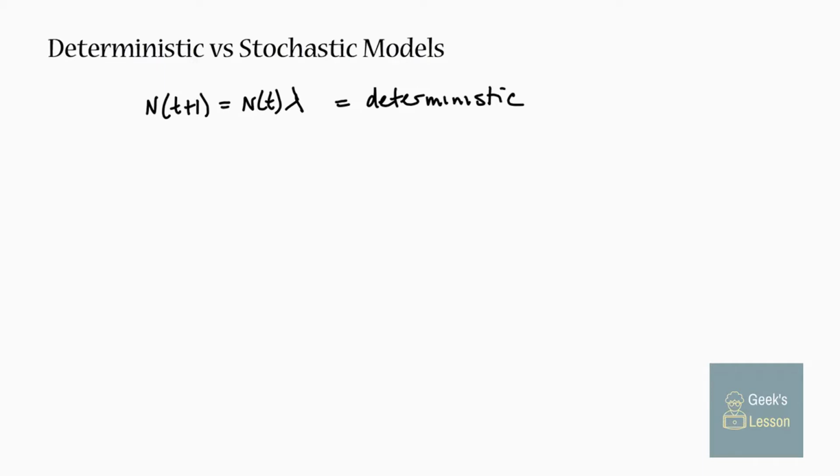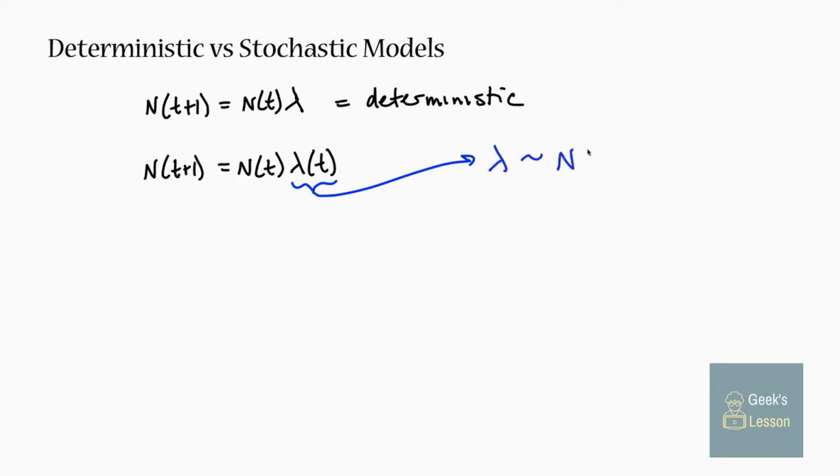For example, the stochastic equivalent of this model would be to say n at time t plus 1 is equal to n at time t times lambda t, the growth rate at time t, where lambda at time t is drawn from some probability distribution every time t. So let's say lambda, in this case, we'll just make it normally distributed with a mean of 1.2 and a variance, say, 0.02. So it's small. There's not a lot of noise, but it's some noise.